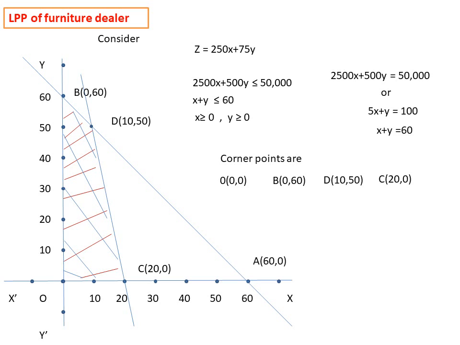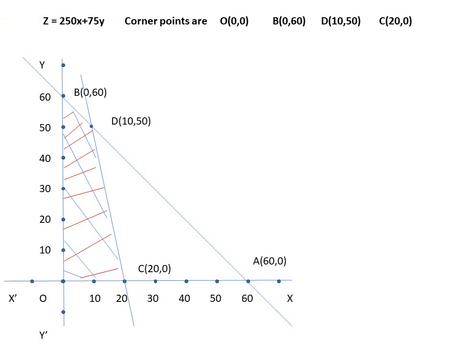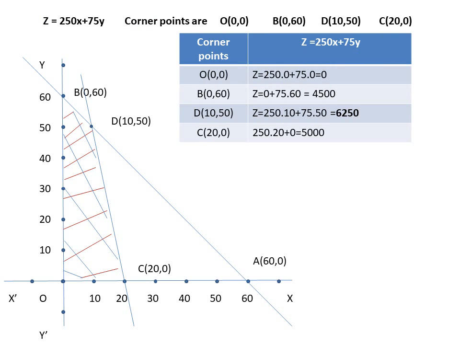These are the four corner points, and the theorem says maximum and minimum value occur at the corner point only. Therefore we have to just take the corner points.